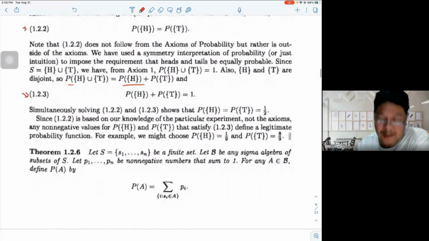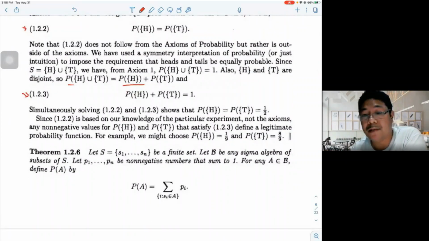Say for example, we have an unbalanced coin in which the probability of getting the event containing H is equal to 1/9, then clearly the probability of the event containing the tail will be equal to 8/9, taking the sum of these probabilities to be equal to 1.